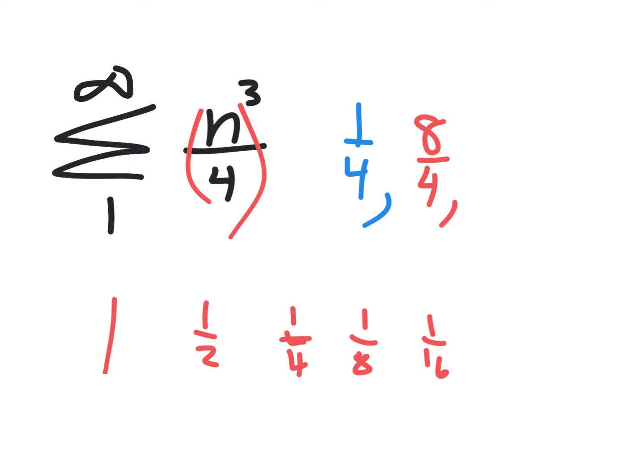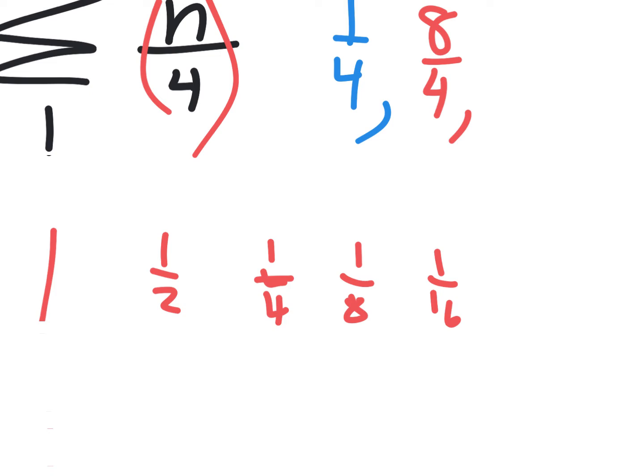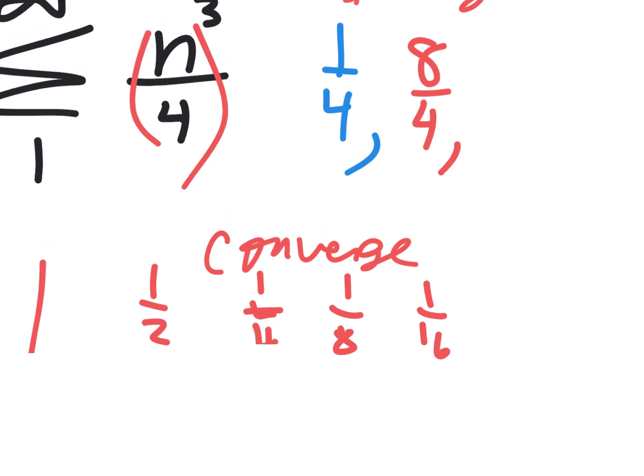You get how it's getting closer and closer and closer to 0. It's like closing in on something. This is not. It's getting bigger and bigger. That's called diverge. I haven't been giving you all the terminology as we went along, so now I'm going back and doing that. This is called converge. You're getting closer and closer to something.